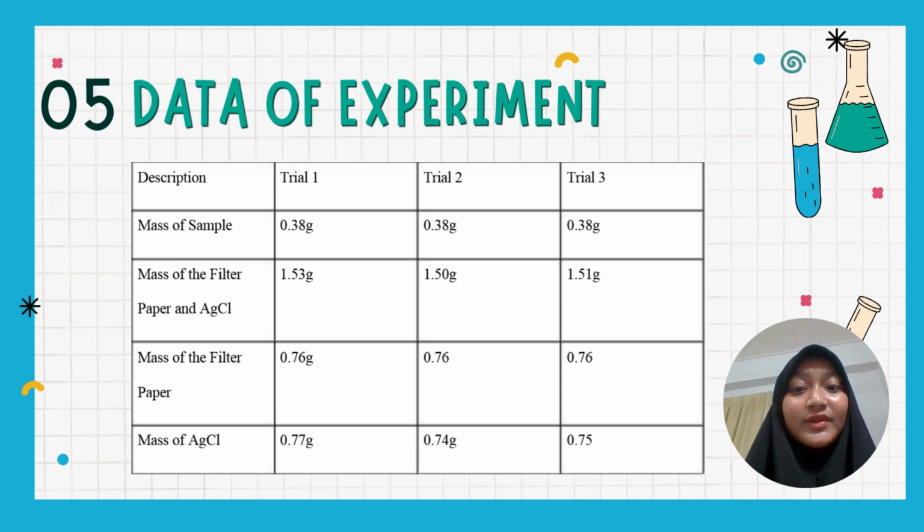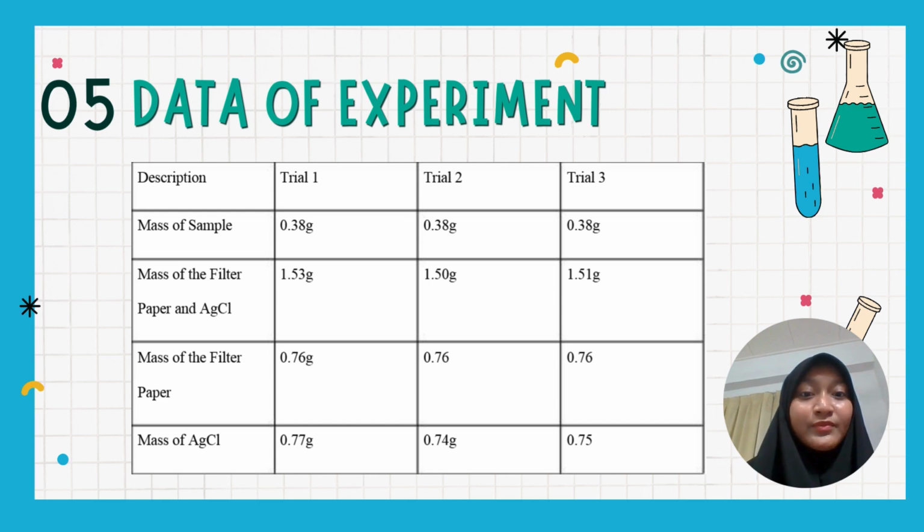The mass of the filter paper is 0.76 gram and the mass of AgCl is 0.77 gram. For the second trial, the mass of the sample is the same, 0.38 gram, and the mass of the filter paper and AgCl is 1.50 gram. The mass of the filter paper only is 0.76 and the mass of AgCl is 0.74 gram.